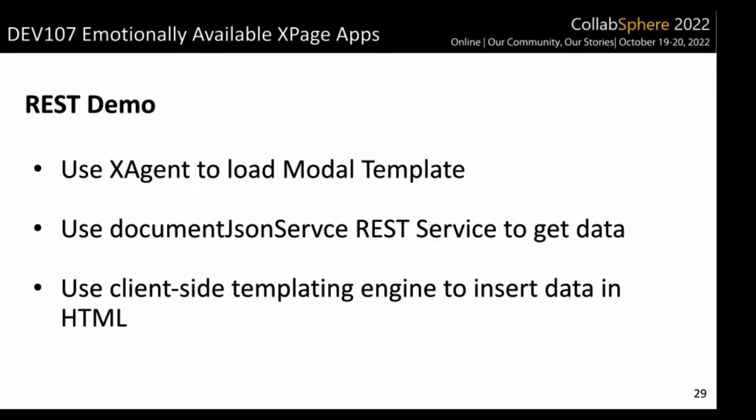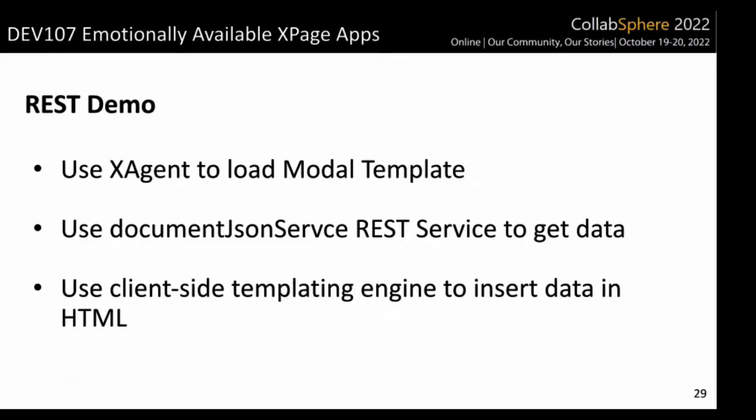We start out by calling an X agent to load the modal template. So we're using the code we have to read HTML documents out of the web content folder. And then we're executing a document JSON service REST call to get the individual information about that document.